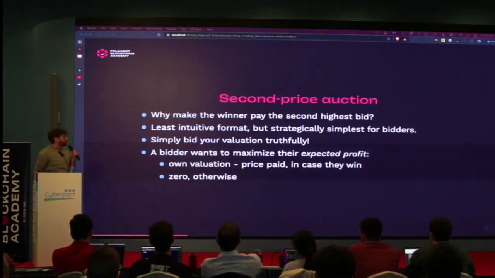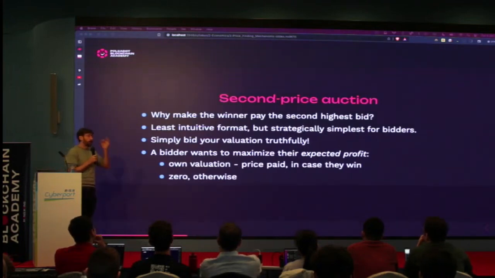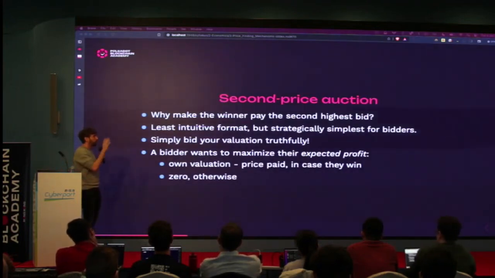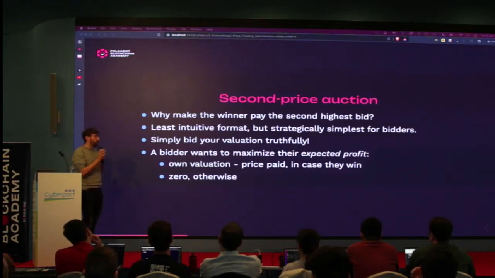So let's look at the second price auction first. The question is, why should we make this weird rule? It's the least intuitive format, but it's strategically the simplest for bidders. And that is a very important factor because, as we saw yesterday, we will also derive some optimal choice in the first price auction, but we will see that this is much less intuitive than this one.